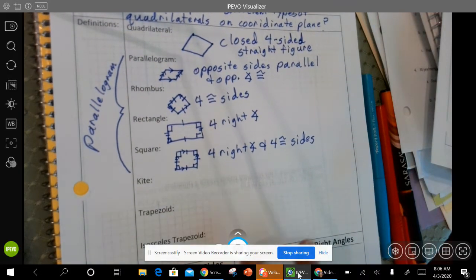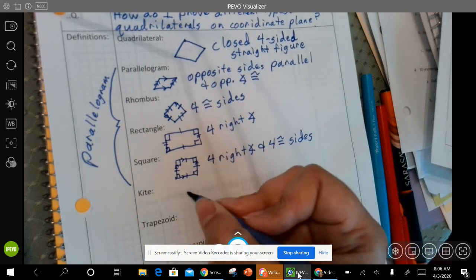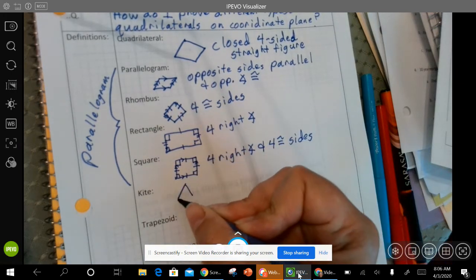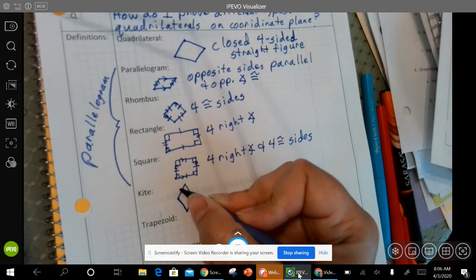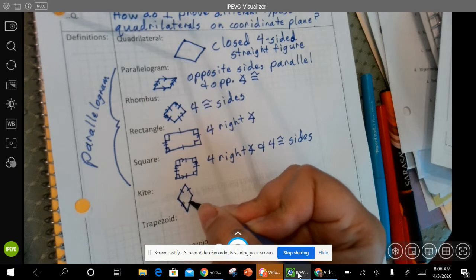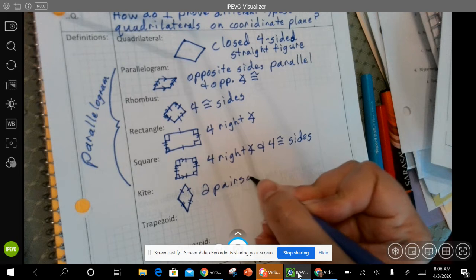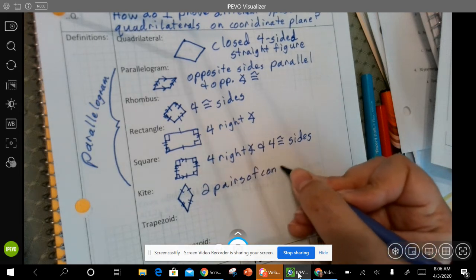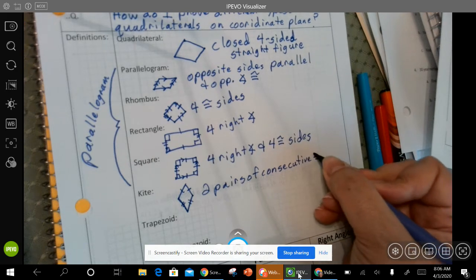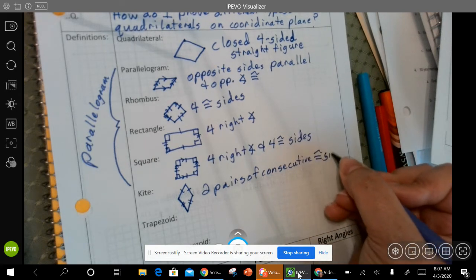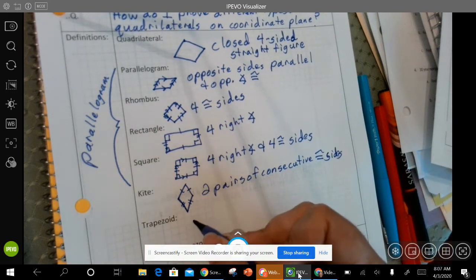Okay, so for the kite, the consecutive sides are congruent. So 2 pairs of consecutive congruent sides. And a kite is a quadrilateral.